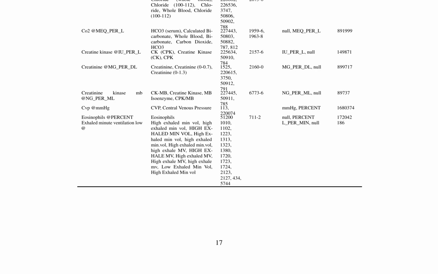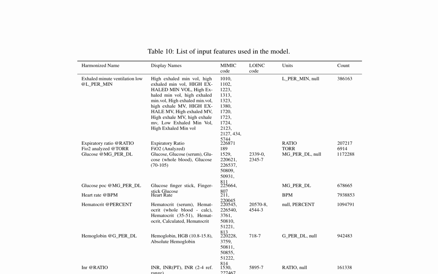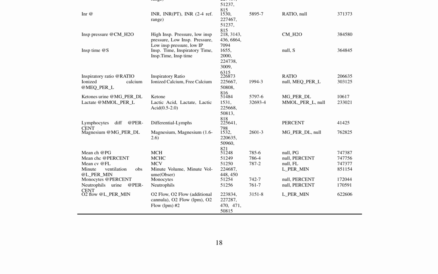These parameters are sourced from MIMIC, a critical care database, and are categorized by their units of measurement, such as mmHg for blood pressure, BPM for heart rate, and MEQ_per_L for ionized calcium. The table also includes counts for each feature, indicating the number of instances in the dataset. This dataset is essential for developing predictive models that can accurately forecast patient outcomes and aid in clinical decision-making.